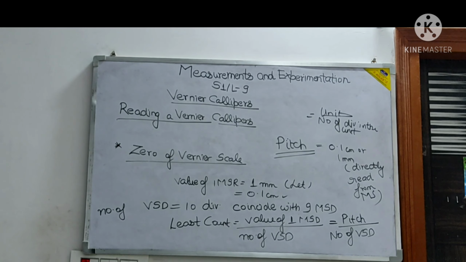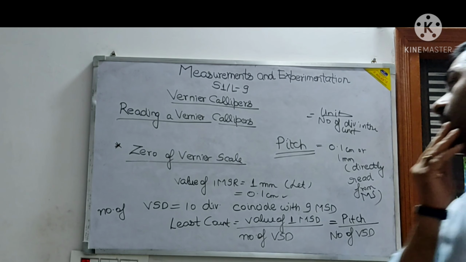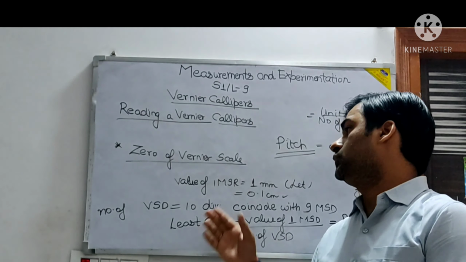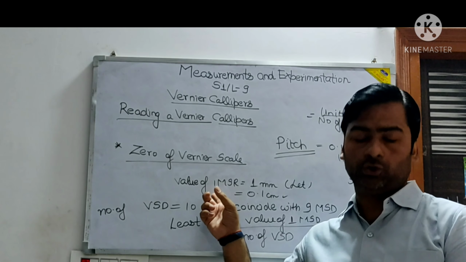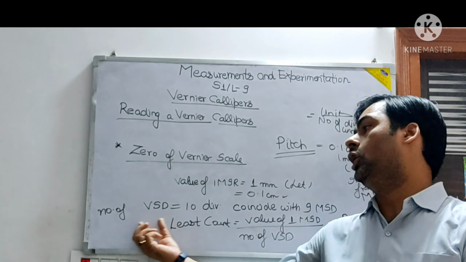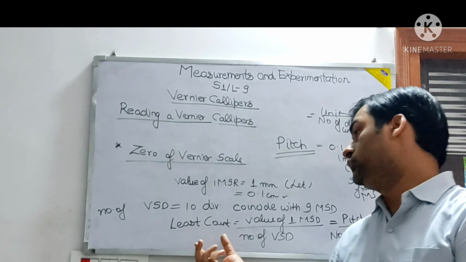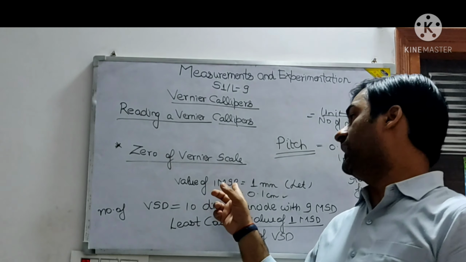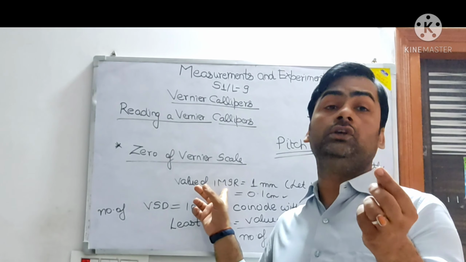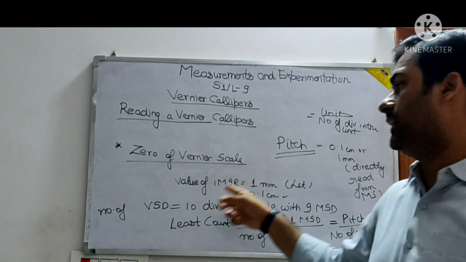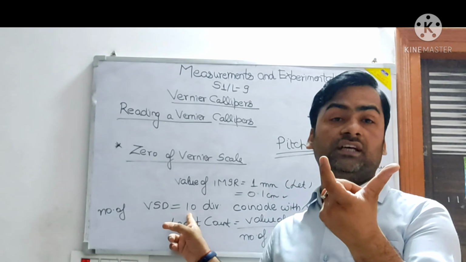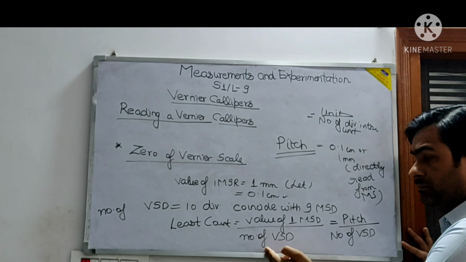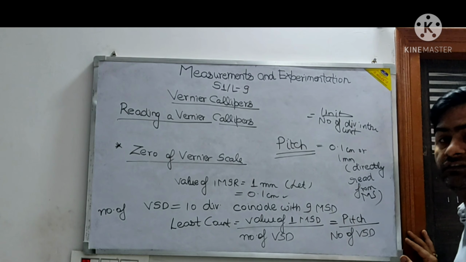Okay, no problem. So first of all, while measuring, when you are reading a vernier scale, you check the value of the main scale reading, that is the pitch you will determine, and then you see how many vernier scale divisions are there. Value of one main scale division upon the number of vernier scale divisions gives you the least count.